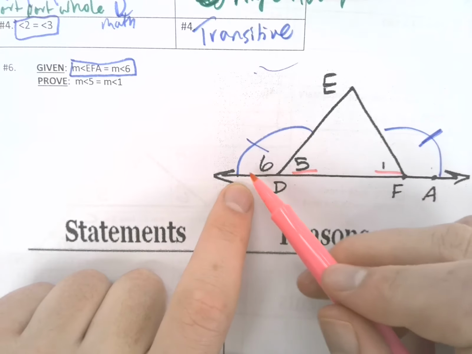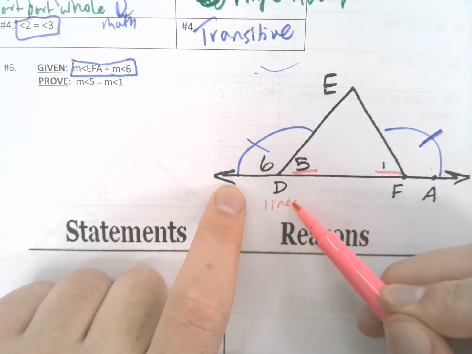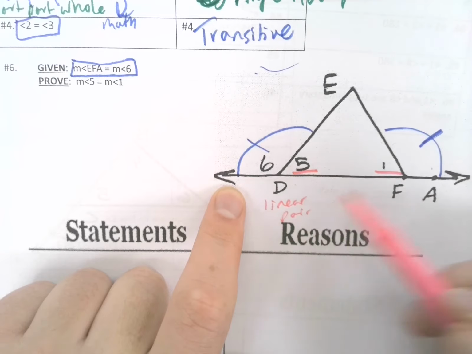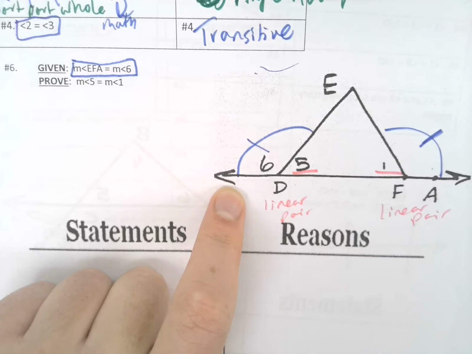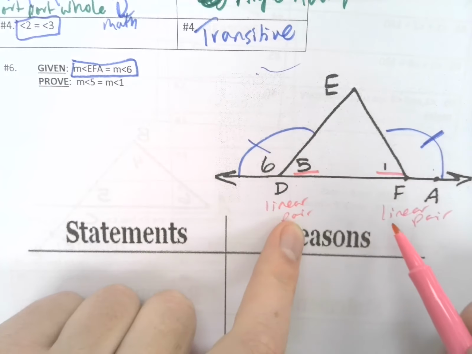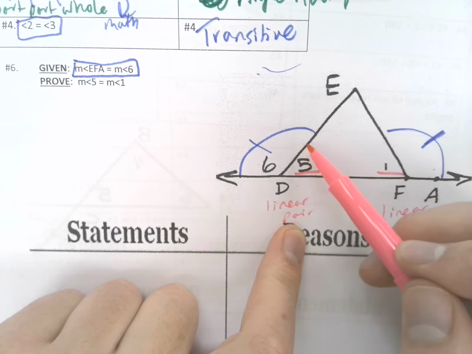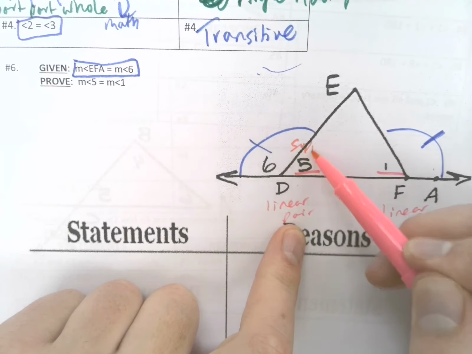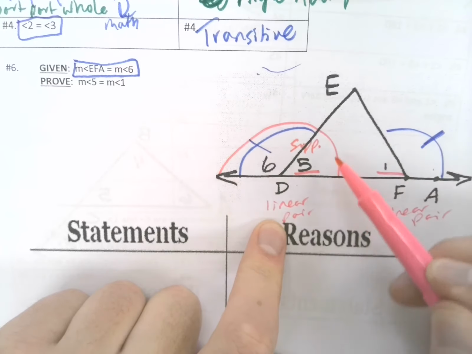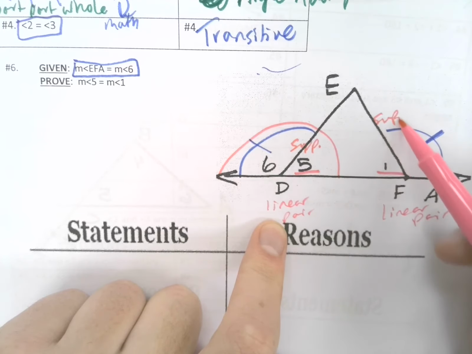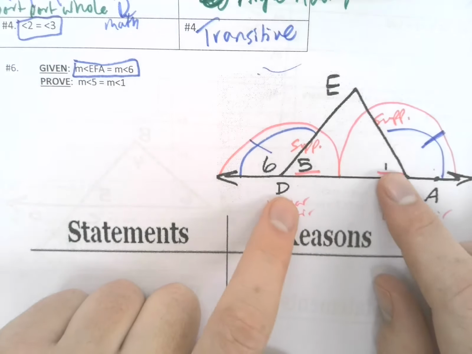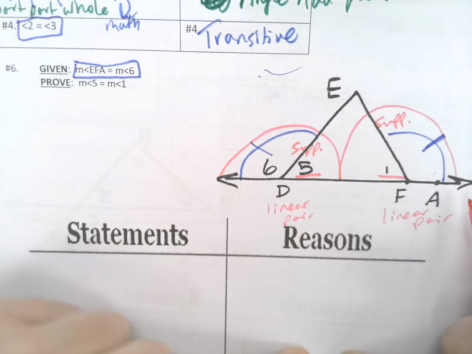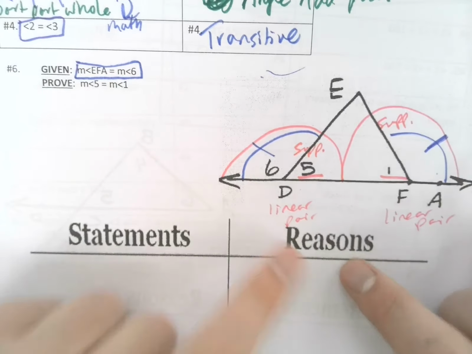And if you notice, isn't this a linear pair? And isn't this a linear pair? Also, what do we know linear pairs add up to? Oh, that's right. That means this is going to be supplementary, and that means this is going to be supplementary. And if you recognize that, guys, you will have almost every logical step and reason ready.